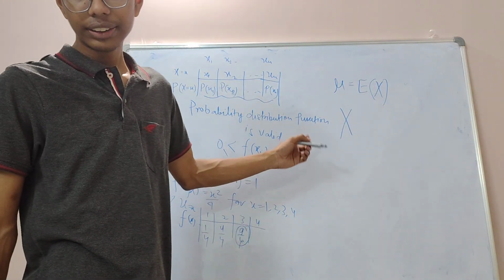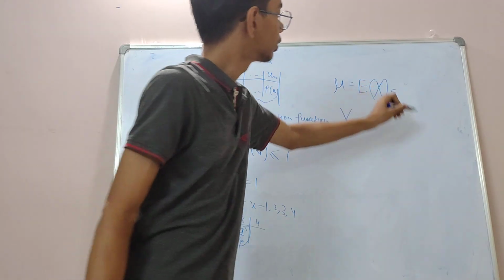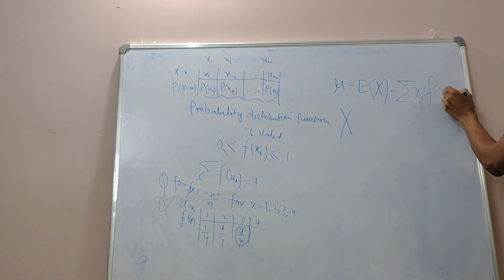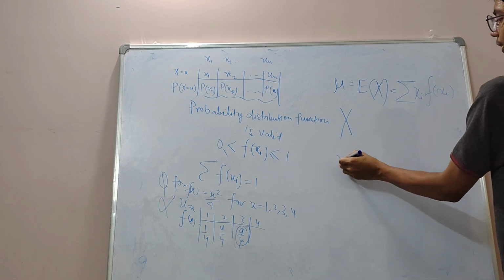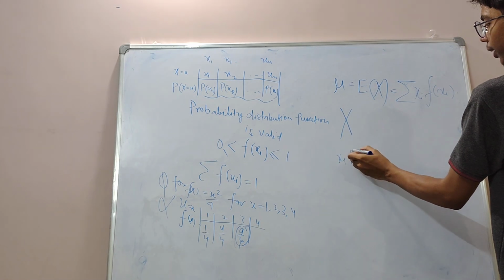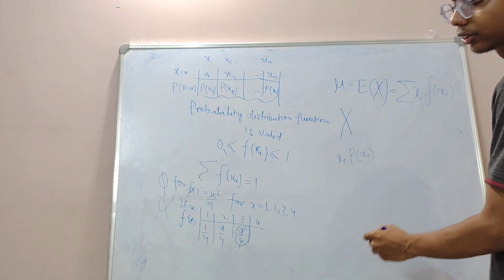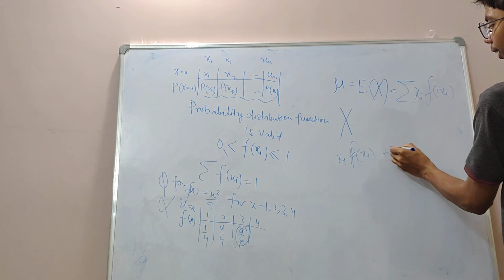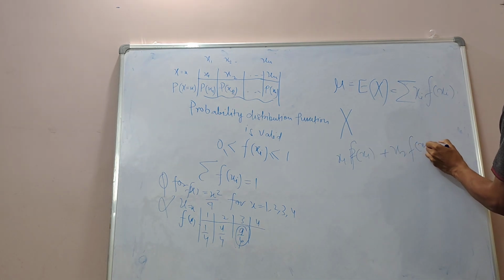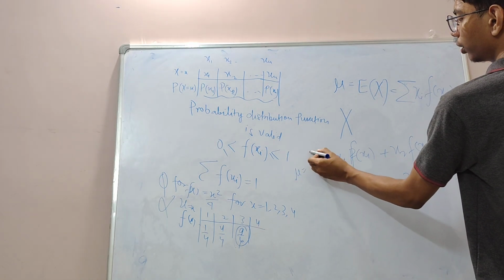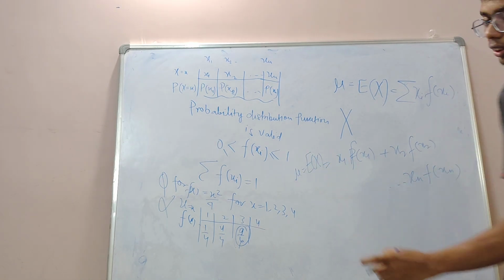So this is the summation of xi f(xi), which is x1 f(x1) plus x2 f(x2) up to xn f(xn), right? This is mu or E(X), right?